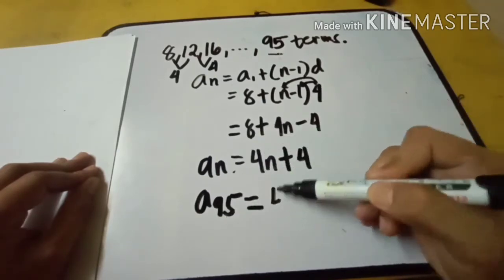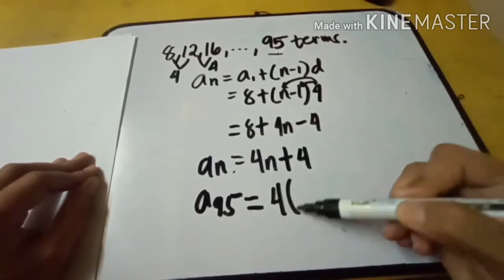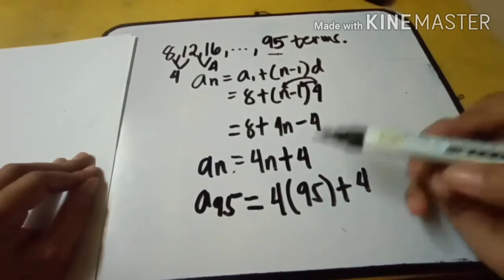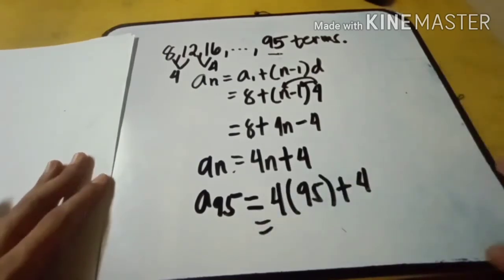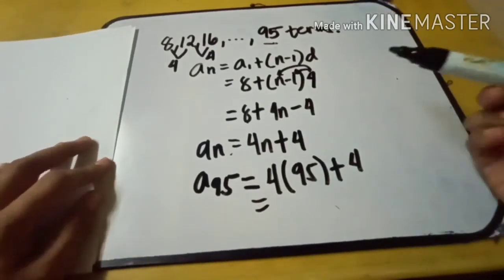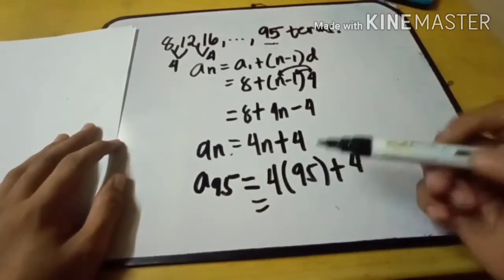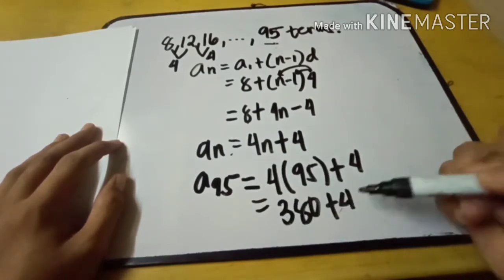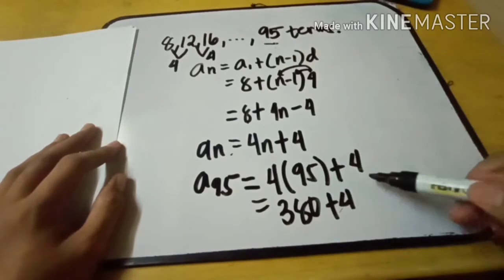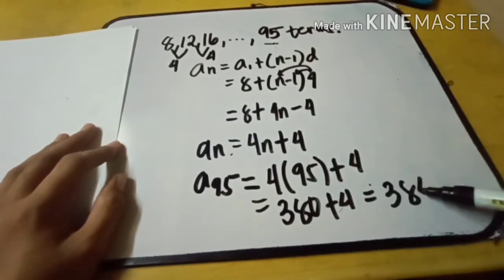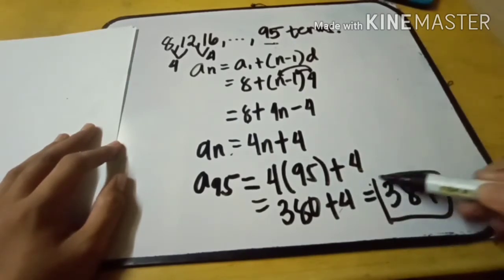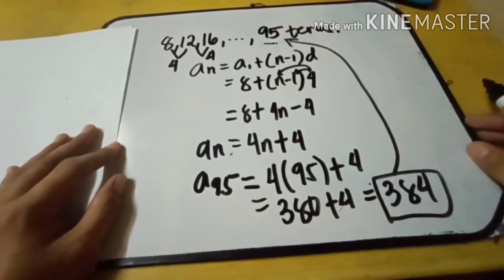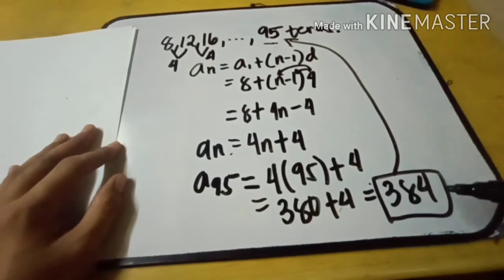Then 4 times 95, again our n is 95, plus 4. Then we simply evaluate this given expression. So 4 times 95 will give us 380 plus 4. Then we simply add. 380 plus 4 will give us 384. And this 384 is the value of our 95th term. So this is our answer.